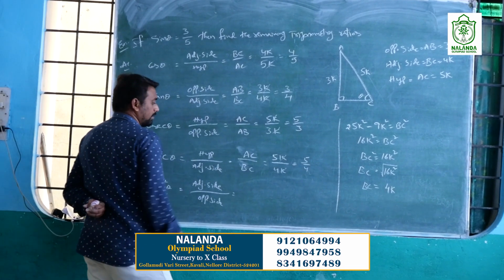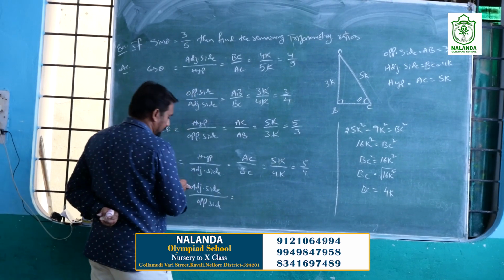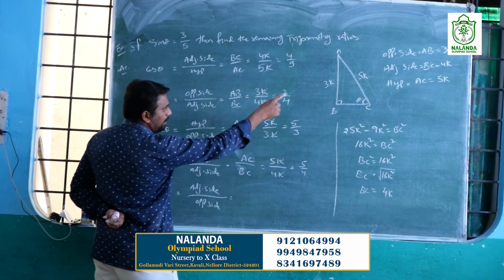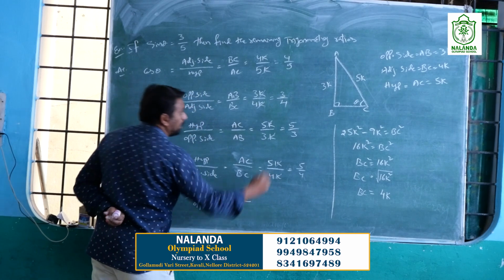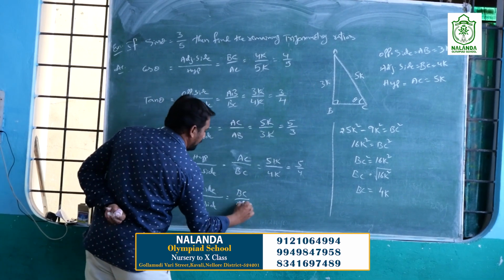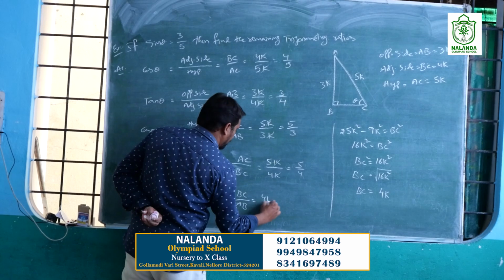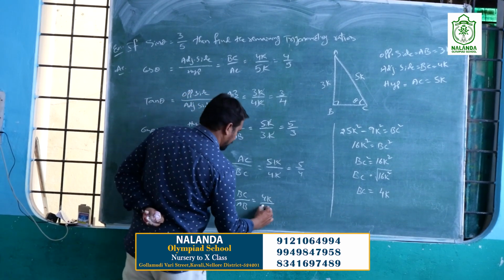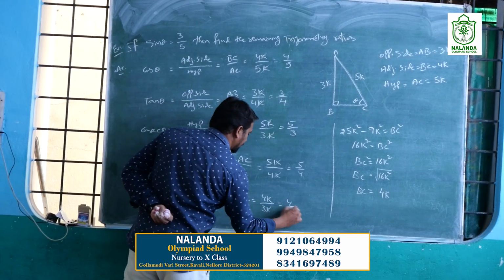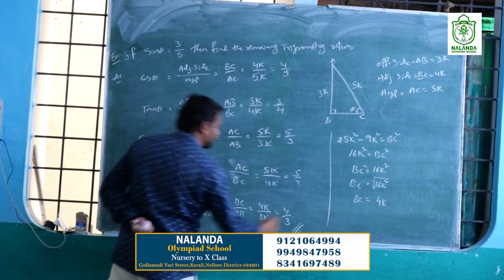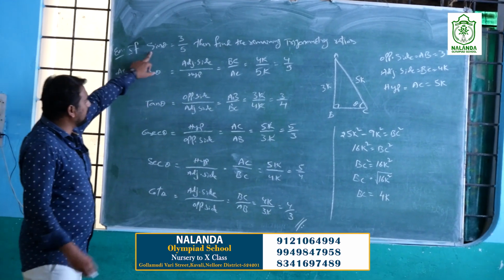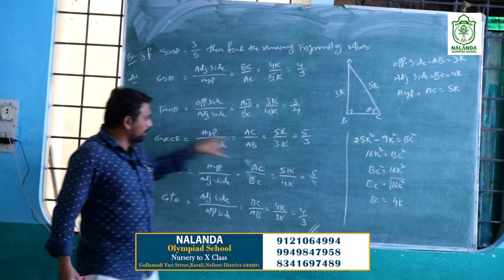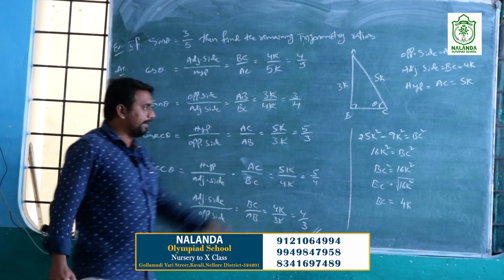Last and final, cot theta. Cot theta is adjacent side by opposite side. The adjacent side is BC, 4K, and the opposite side is AB, 3K. Both K cancel, then we get 4 by 3. Then we can check here: sin theta is 3 by 5 and its reciprocal cosecant theta is 5 by 3.